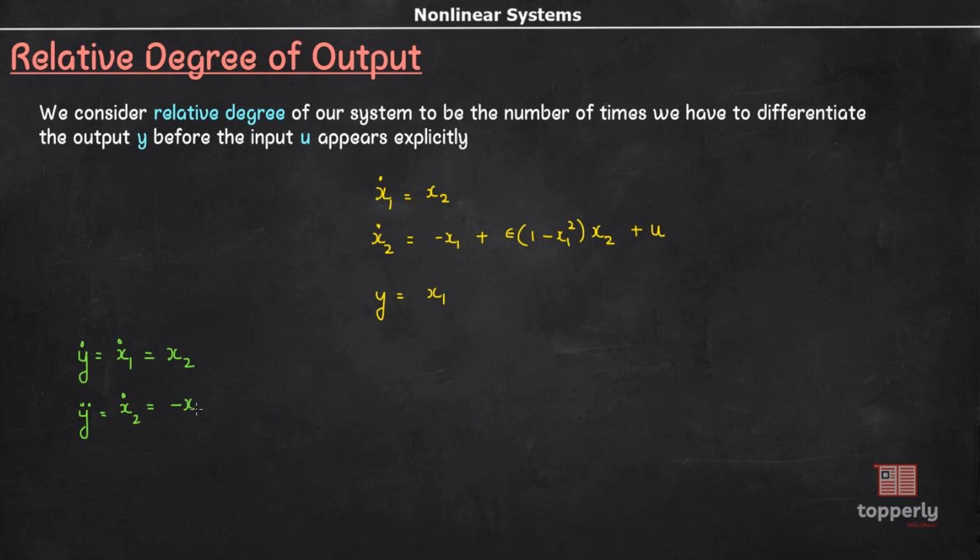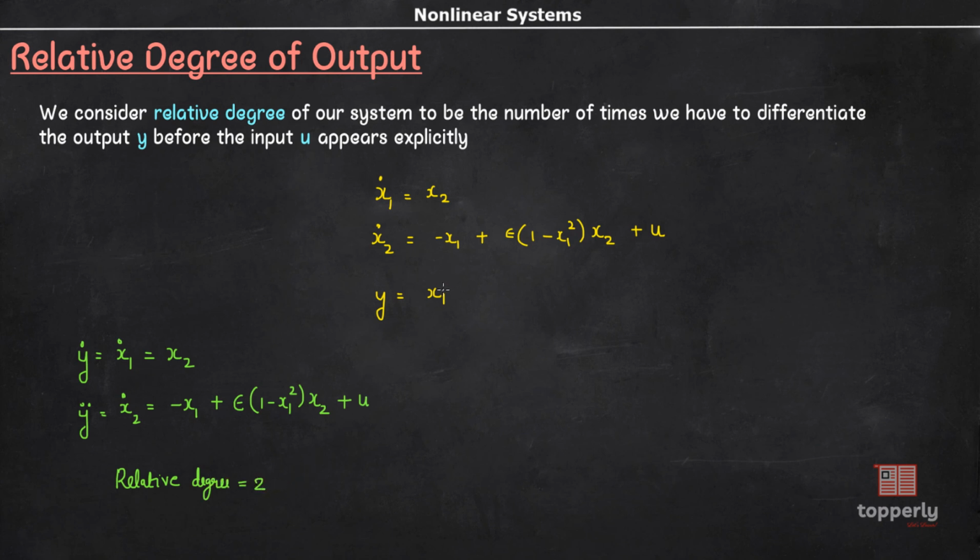So you can see that after the second differentiation, the input u is explicitly appearing in the output equation. So the relative degree of system in this case is 2.